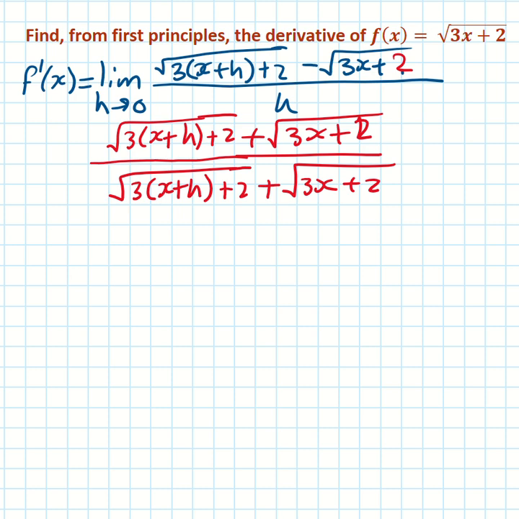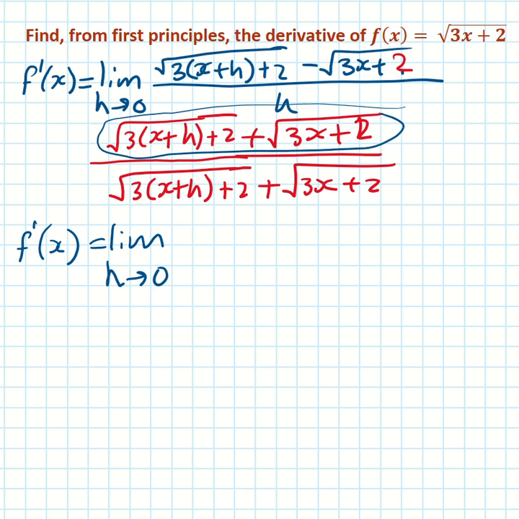So what we'll do next is again f dash x equals the limit as h approaches 0. Now I'm going to multiply the numerator by its reciprocal, getting rid of the square roots, and at the same time, to save time, I'll also get rid of the brackets.